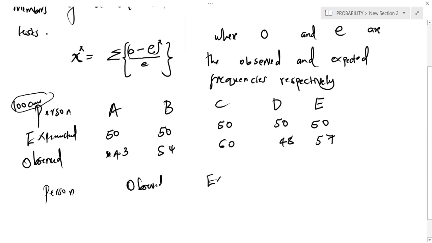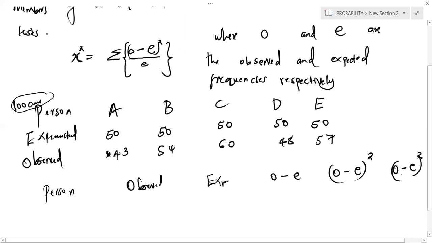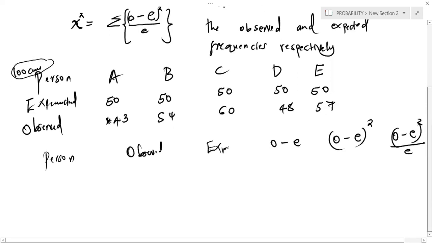Then we have the expected values, and then we have a section for observed minus expected, and then a section for observed minus expected squared, and then all this divided by expected. Okay, let's go. Now, following the table, we have person A, B, C, D, and E. So I'll have A, B, C, D, and E down here.